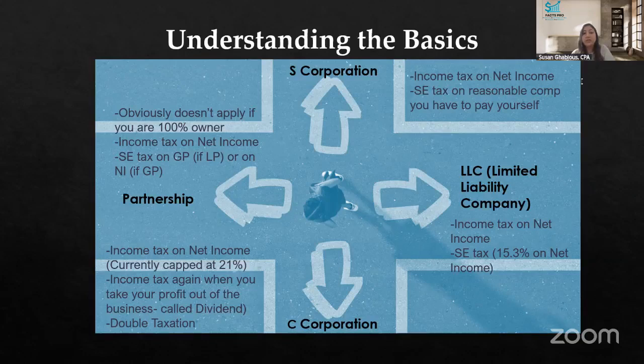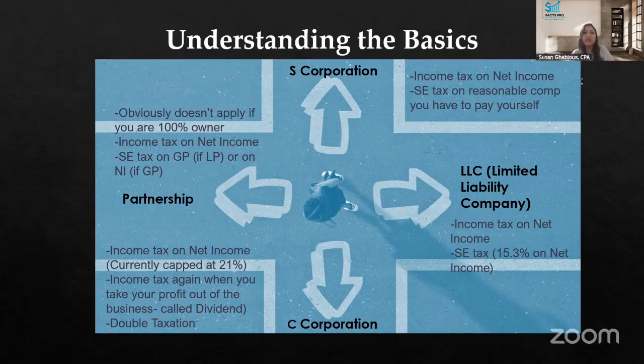Because with the S corporation, for example, you cannot just elect it at any time of the year. You have 75 days from the beginning of the year, so you have until March 15 to elect S Corp status if it's determined that this is the right structure for you. But it might not be.